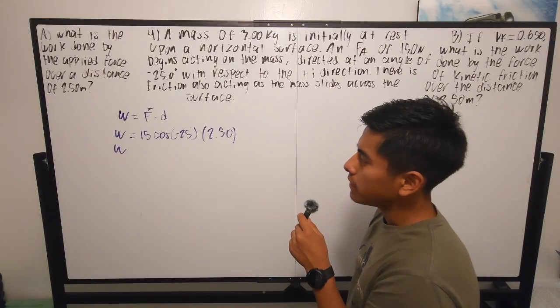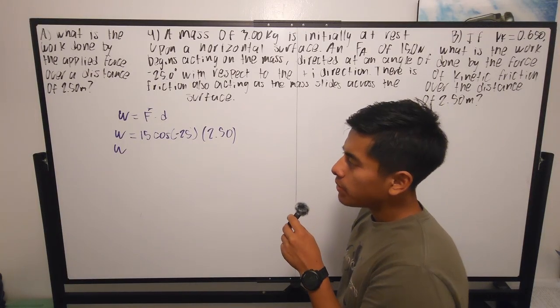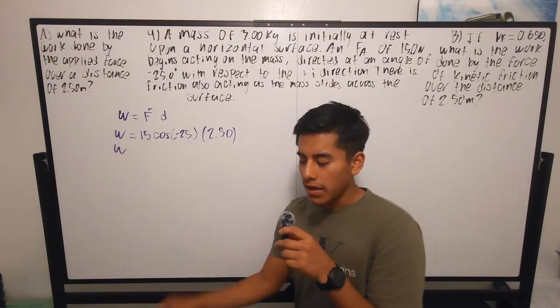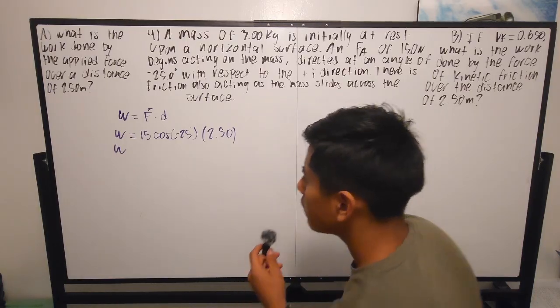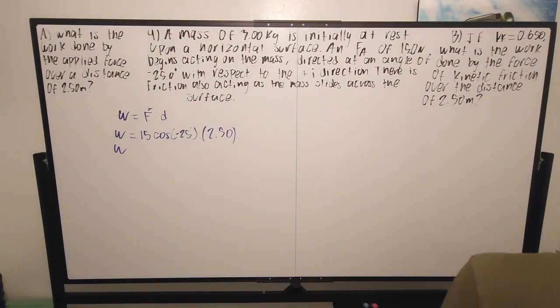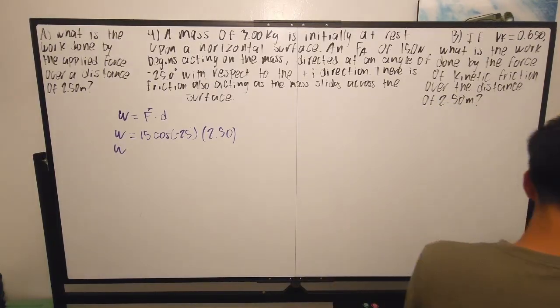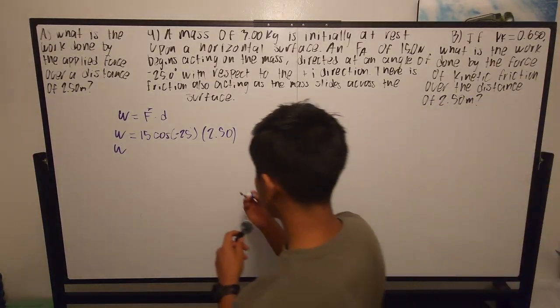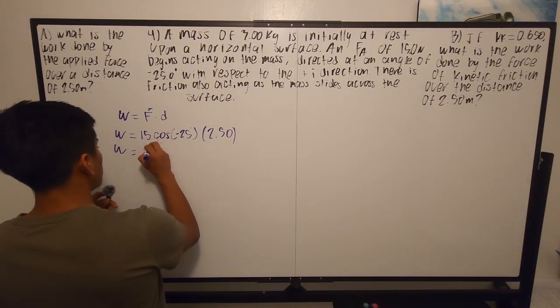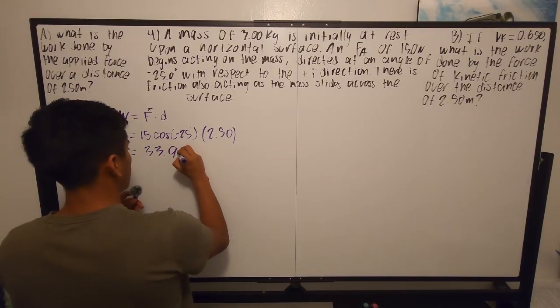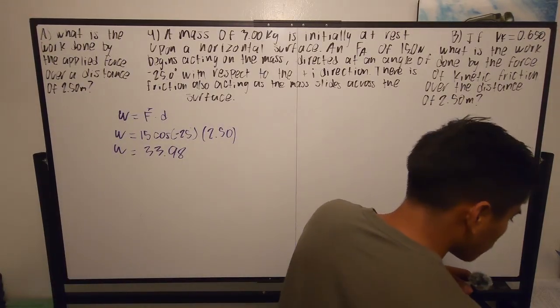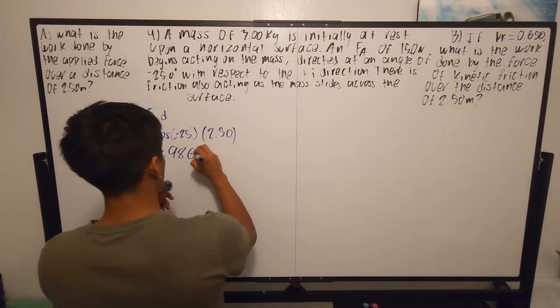So we only care about the component of the force that's making it move left and right. Therefore, you plug that into your calculator and you will get that the work is equal to 33.9865 joules.